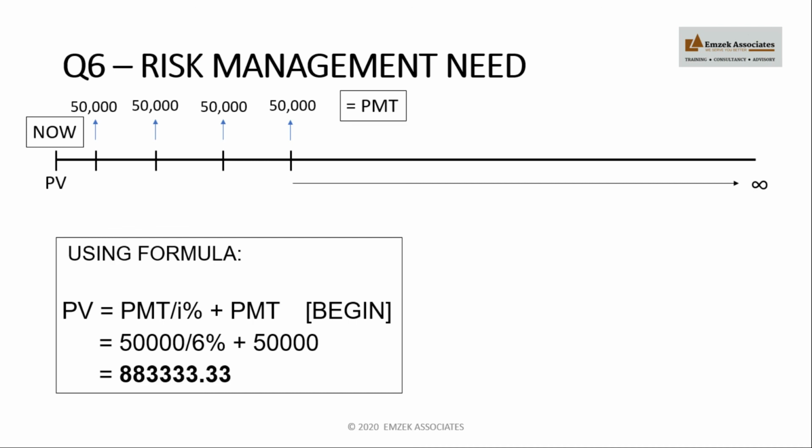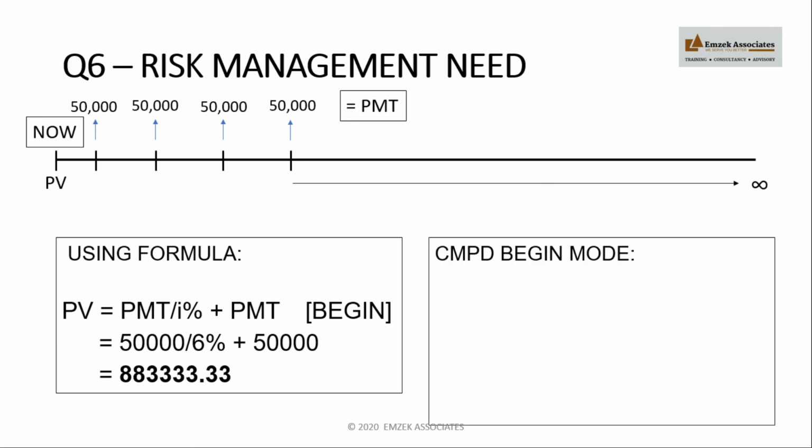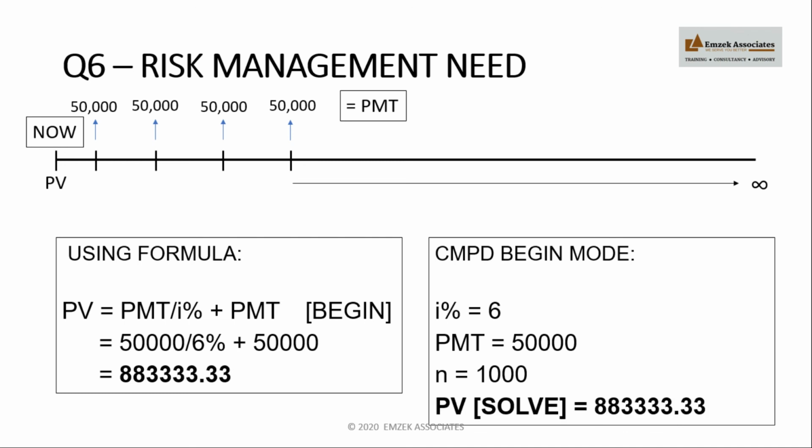The answer is 883,333.33. You can also use CMPD, compound interest calculation with begin mode. I is 6, PMT 50,000, and N is 1,000. We need to find the PV, solve for PV. The result will be the same as using the formula.